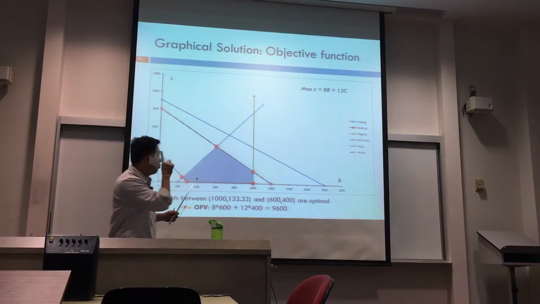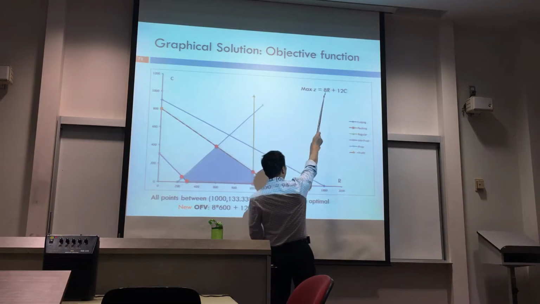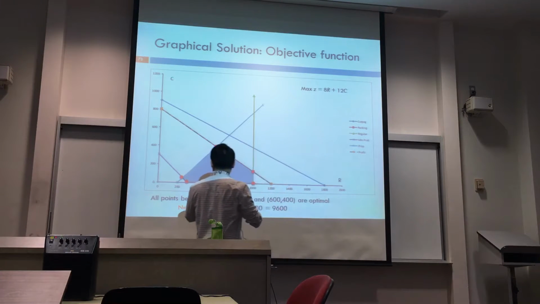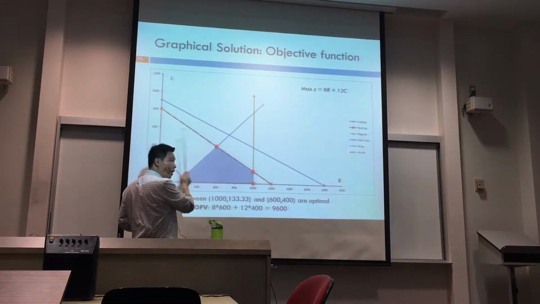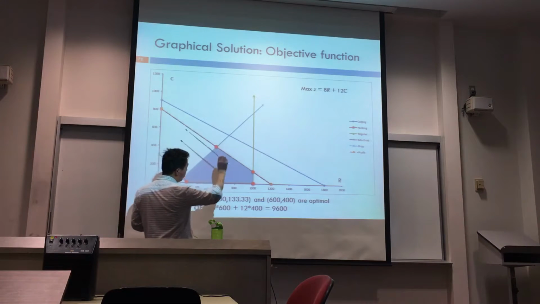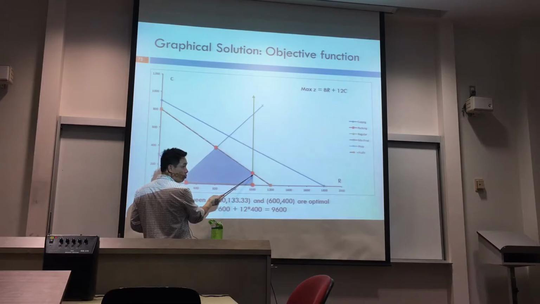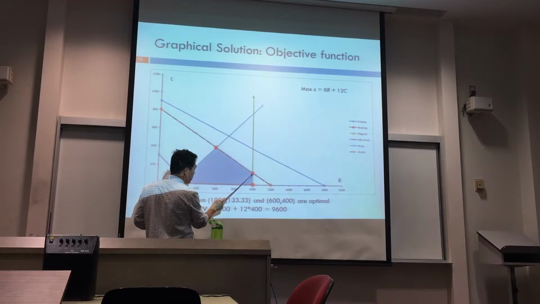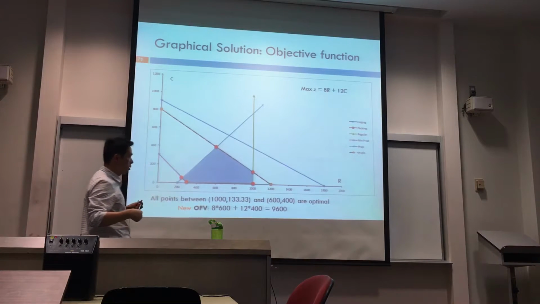As we said, if you change this number from 5 to 8, then these two lines are going to overlap. When they overlap, as we said before, every point on this line segment is going to be optimal.